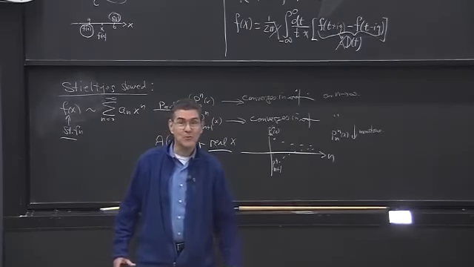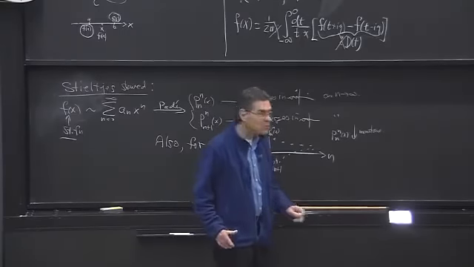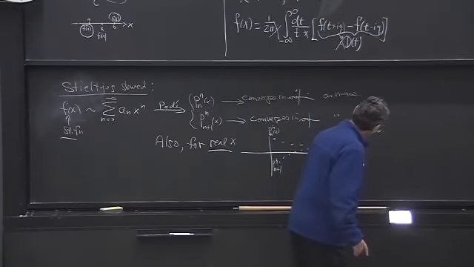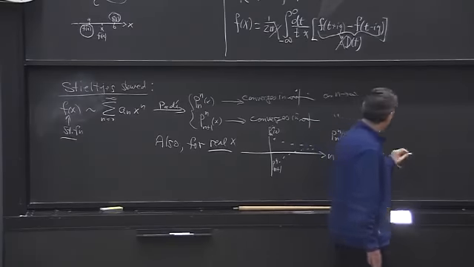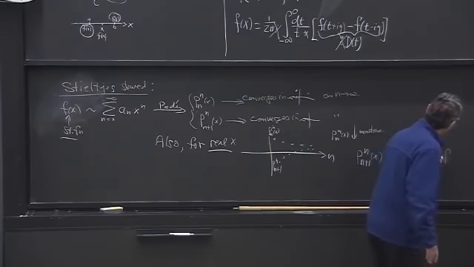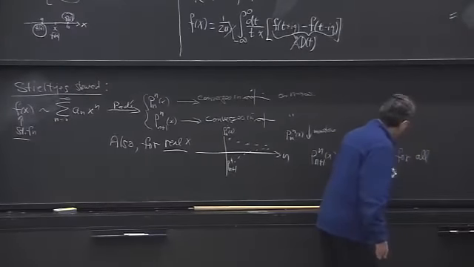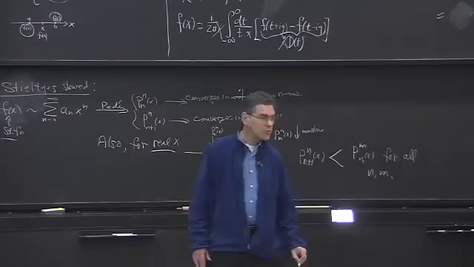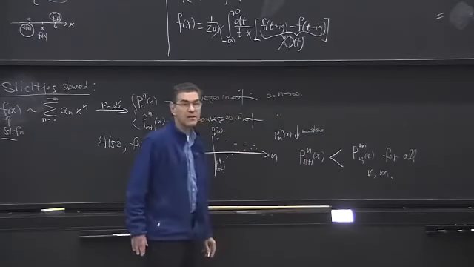And it converges. And furthermore, he showed that all of the P_n,n+1s are less than all of the P_mm's for all n and m. So all the terms in this sequence are less than all the terms in that sequence.